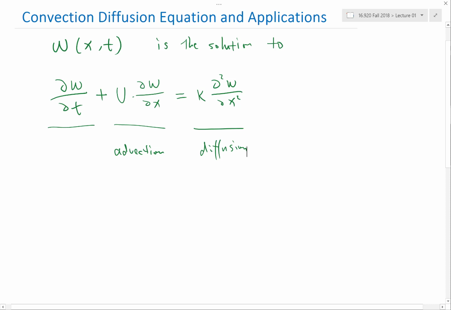And similarly, if you do petroleum engineering, you can think of w as the concentration of the fraction of oil to water. Is anybody here interested in financial engineering? If that's the case, this also can describe the famous Black-Scholes equation that describes the pricing of an option. Exactly. So there are plenty of different applications.